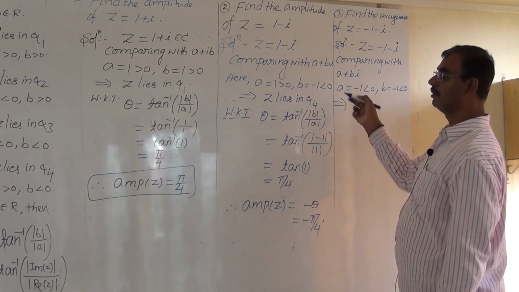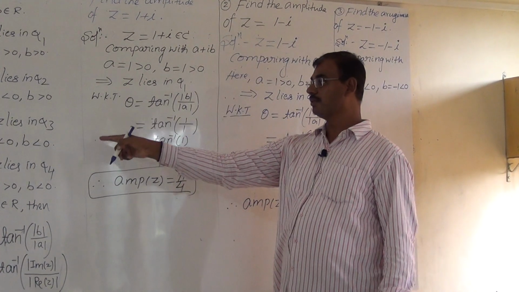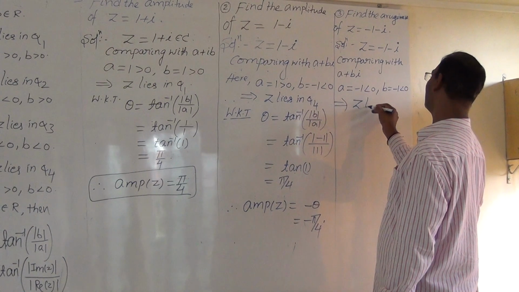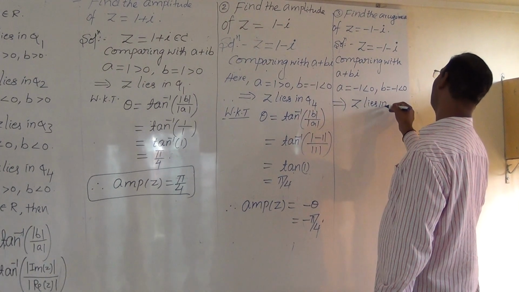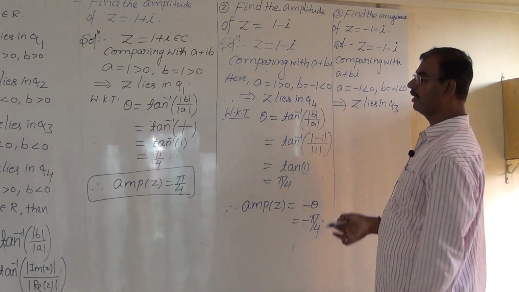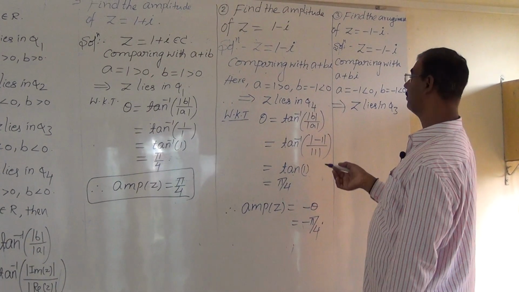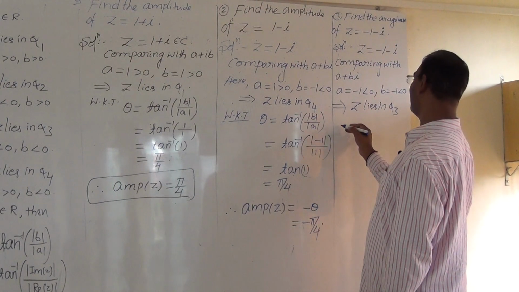Now go through the table. A negative, B negative. So what do you say? The point lies in the third quadrant. If Z lies in the third quadrant, find the actual amplitude of Z. So firstly calculate the theta value.